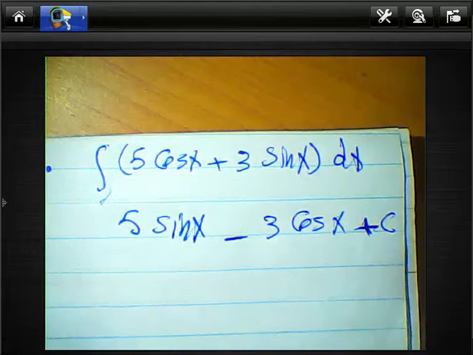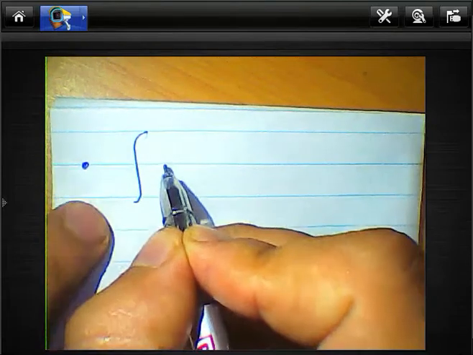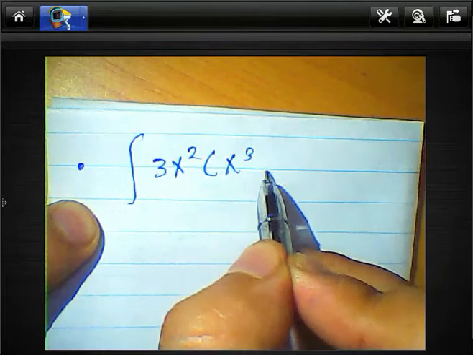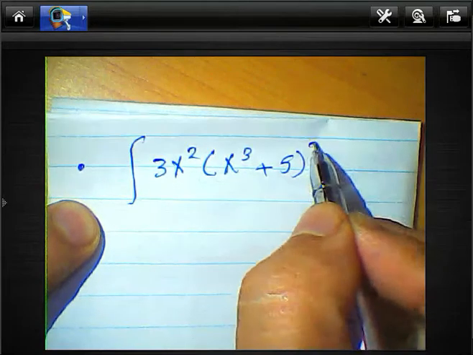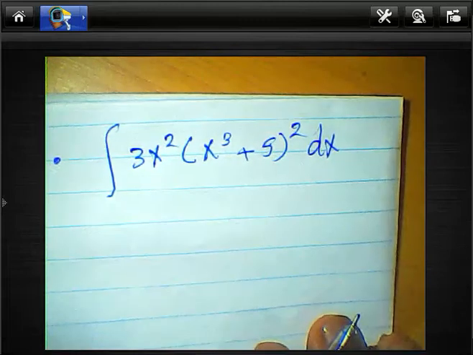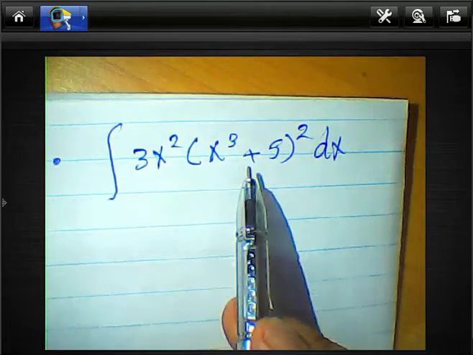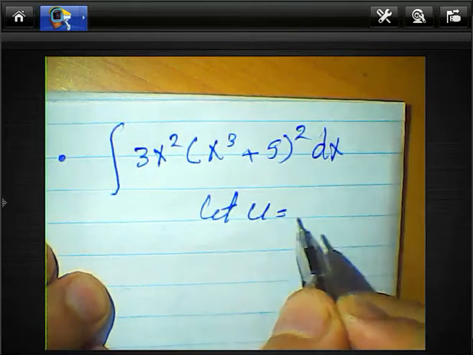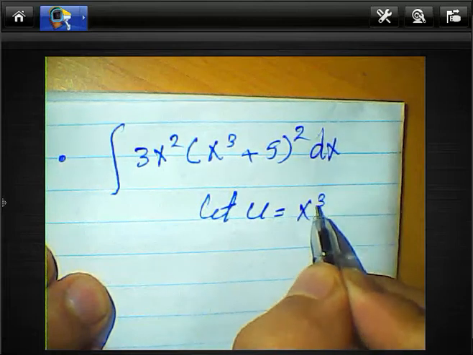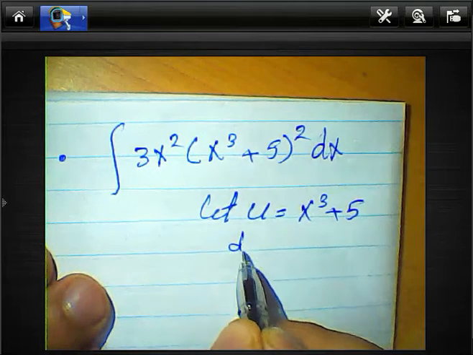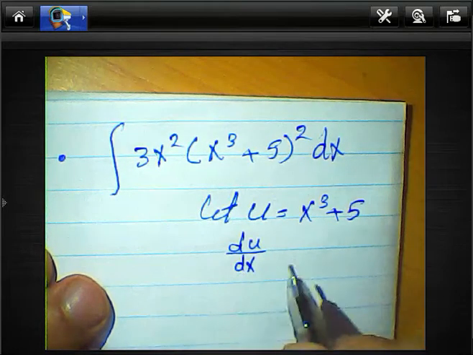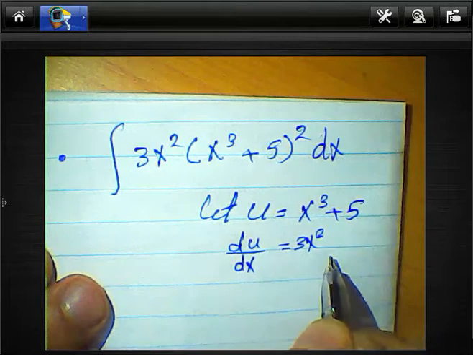It's okay. Another example. We want to find the integral of 3x power 2 multiplied by (x power 3 plus 5) all power 2 dx. In this example, we can't distribute this term, so we let u equal x power 3 plus 5. Then we find the derivative of u with respect to x: du over dx equals 3x power 2.